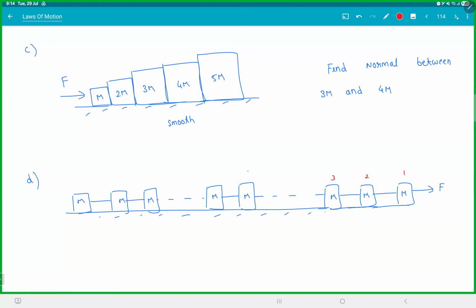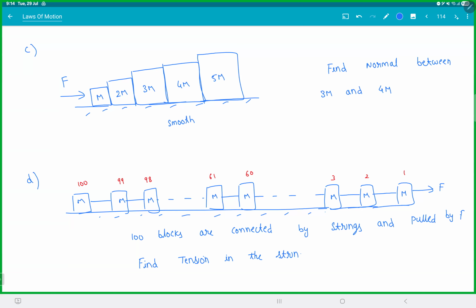This is block 60, and this is block 61, and this is block 98 and block 99, 100 blocks. 100 blocks are connected by string and pulled by a force F. Find tension between the 61 and the 60th block. It's like your train. There are 100 compartments.